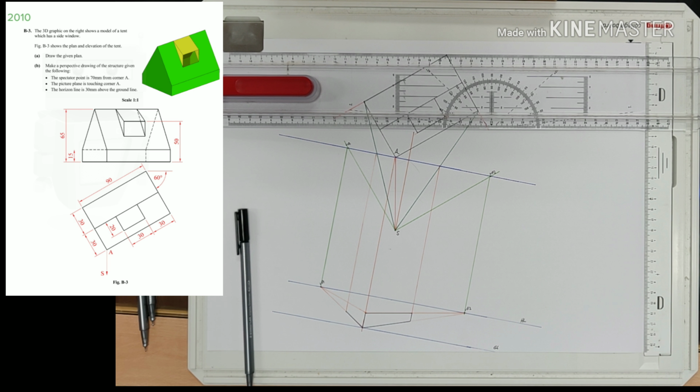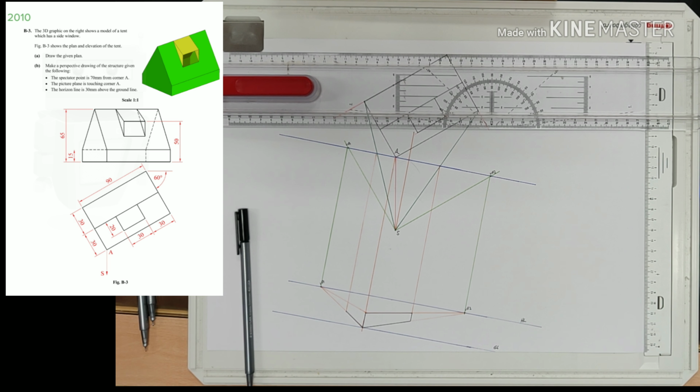Okay, so the next point that I wish to find will be the height of the roof. It's this point here. I'm going to bring him down. So first of all, I've got to connect him to the spectator.